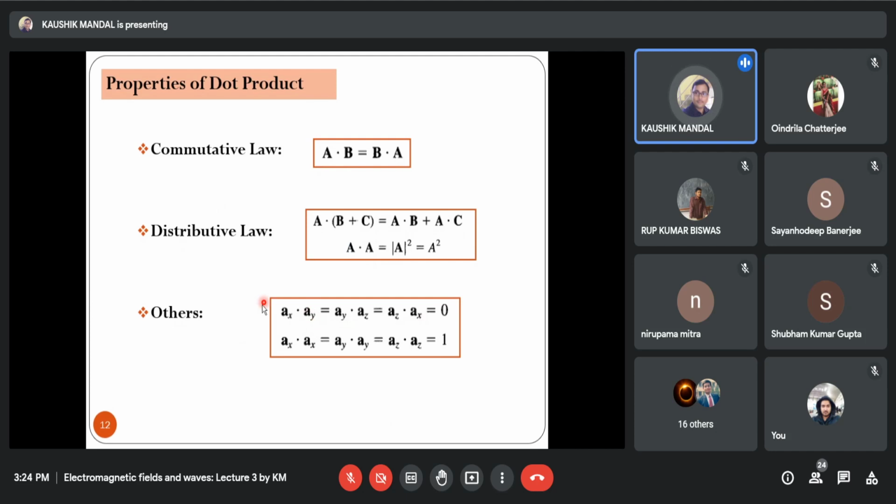So if you find the dot product between the unit vectors along x and y, along y and z, along z and x, they will always be 0. Now what will be the dot product between the same unit vector? That will be equal to 1, as we are considering unit vectors, so it will be 1.